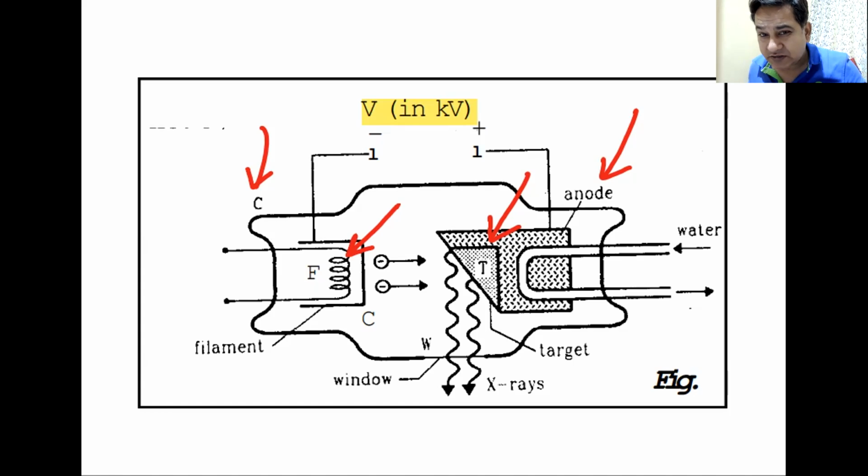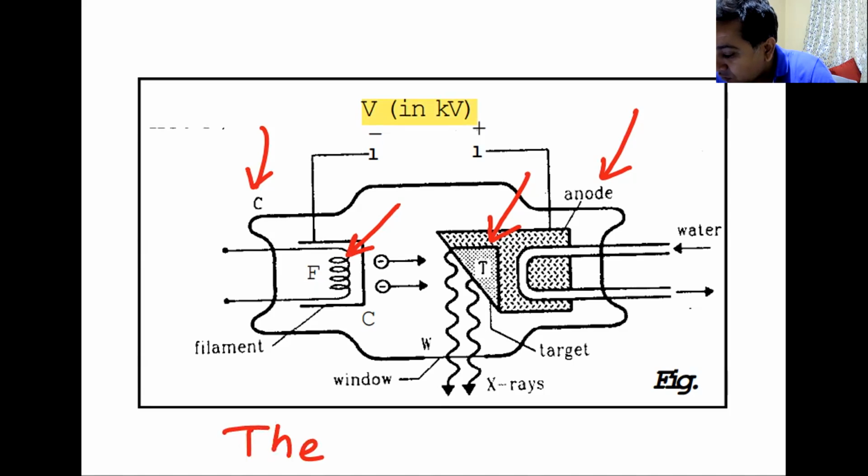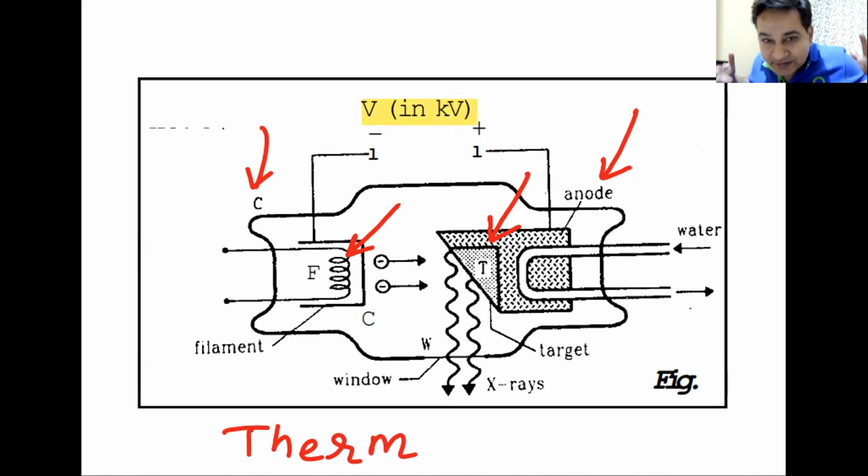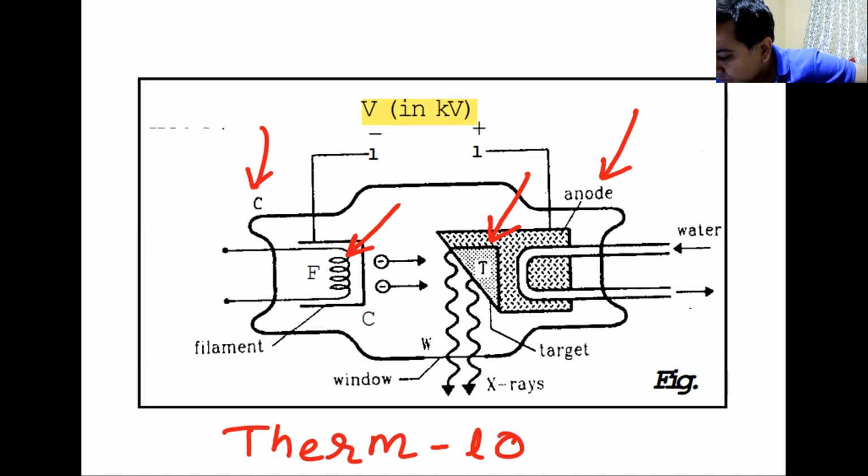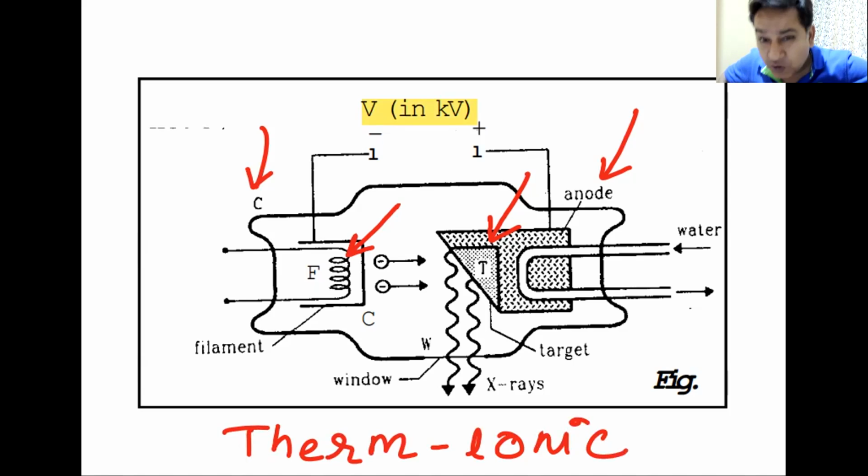This type of emission is known as thermionic emission. Therm, from heat. Therm, ionic emission. Do we understand it now? It's known as thermionic emission. So basically what we are doing here is we have a filament.